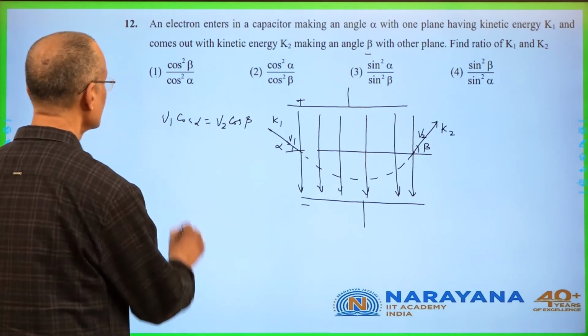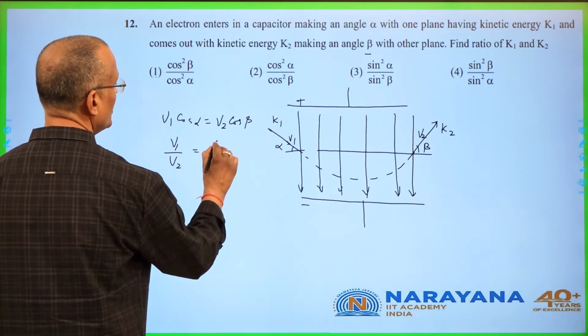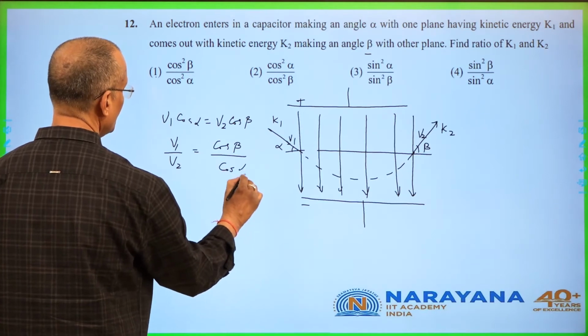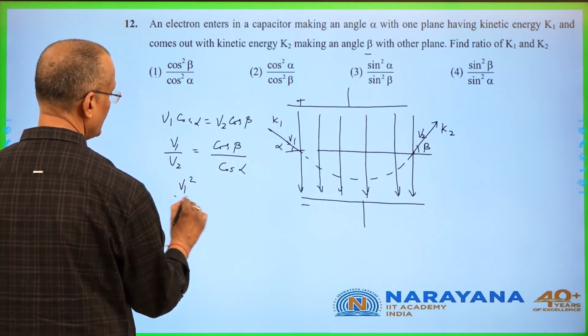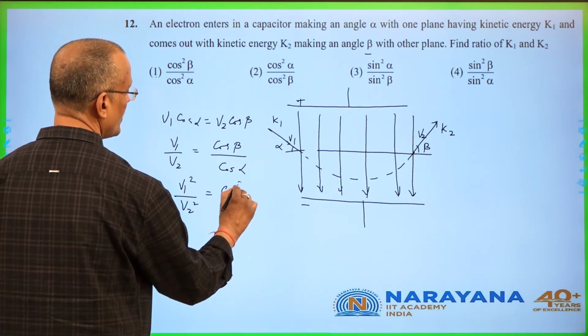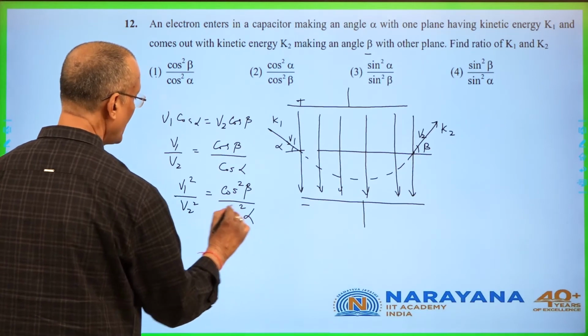Am I right? So V1 by V2 will become cos beta by cos alpha, and V1 squared by V2 squared will be equal to cos squared beta by cos squared alpha.